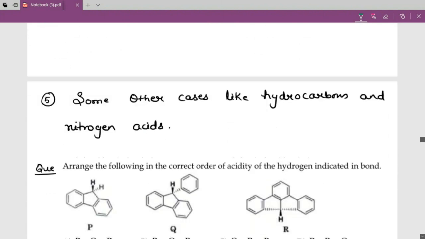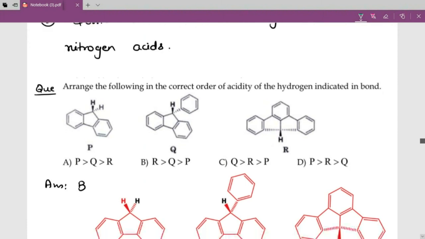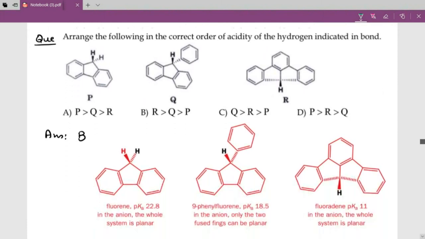Let us move to some other cases like hydrocarbons and nitrogen acids. Well, this particular example I wanted to share particularly. In case of hydrocarbons, whatever becomes the stabilizing factors for the hydrocarbon's conjugate base, they will still continue, please mind it, to be weaker acids as compared to any oxy acid, any acid which releases its proton from oxygen.